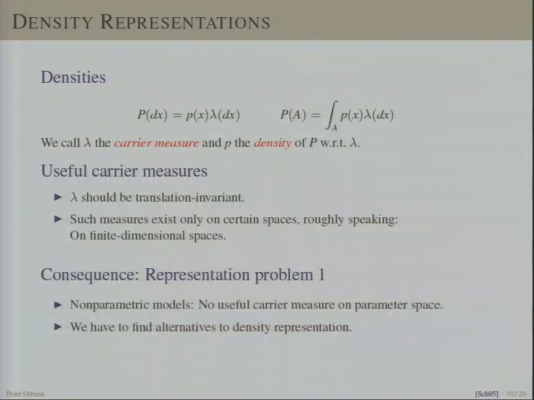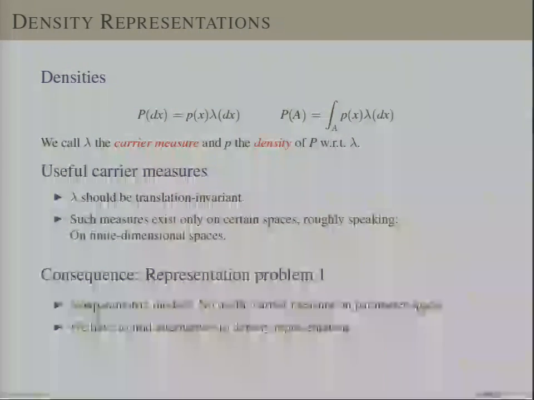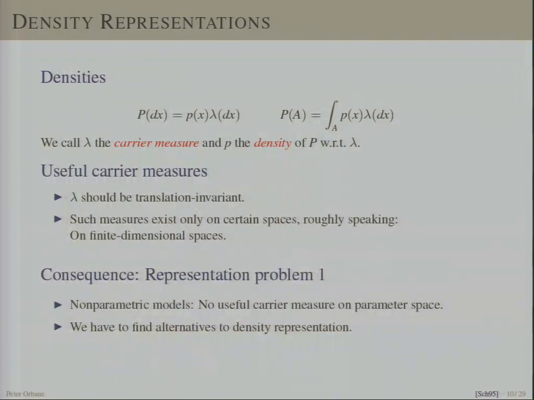And such uniform distributions, it turns out in mathematics, only exist on certain spaces. Roughly speaking, these are finite dimensional spaces. So that exactly rules out the parameter spaces in Bayesian nonparametrics. The technical term for these flat, uniform or neutral distributions is translation invariant. If you just take it and shift it around on your space, that doesn't change the value. And that just doesn't work on infinite dimensional spaces.